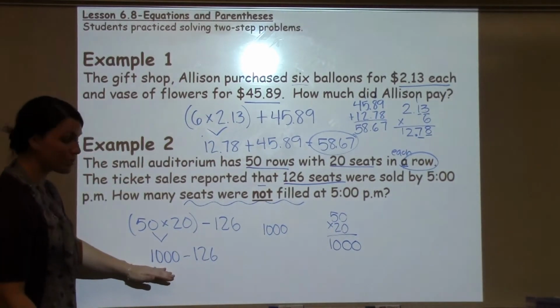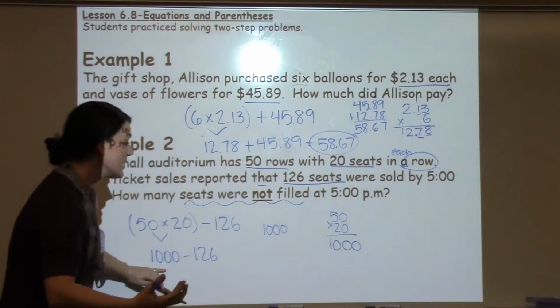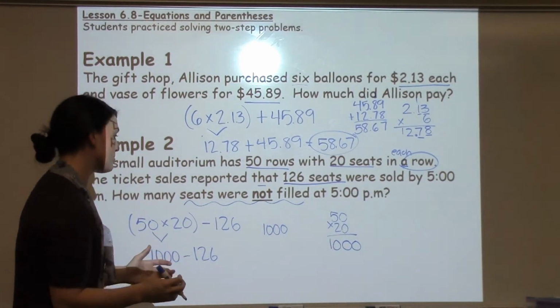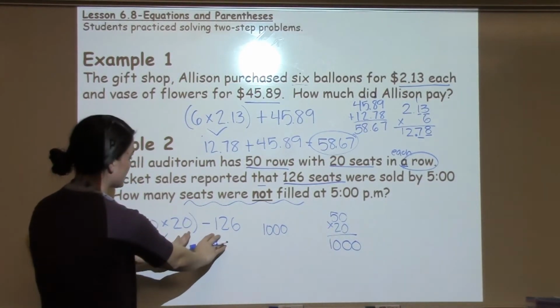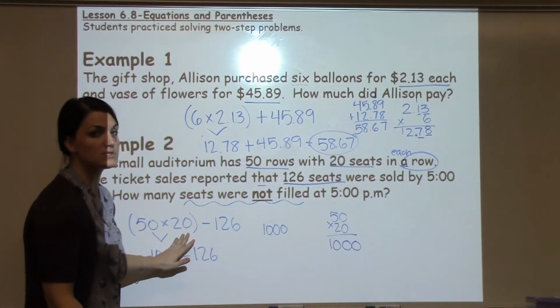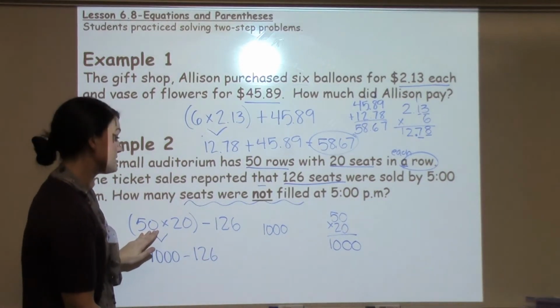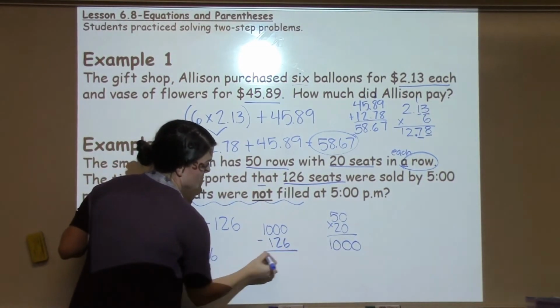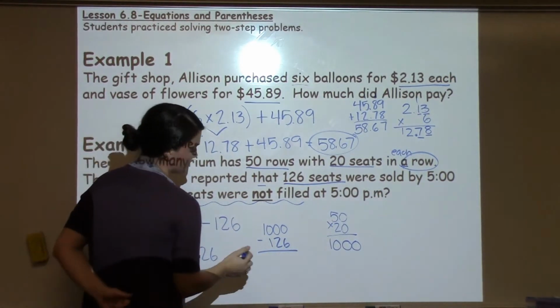I have to find the total number of seats before I can subtract the filled seats. So it makes sense and it helps students know, do this part of the problem first. And that way they don't try to group together the 20 and the 126 or the 50 and the 126. So think about it as two separate problems.